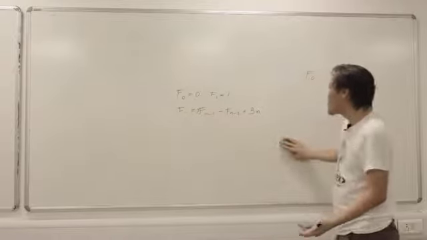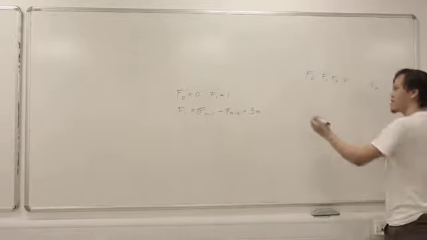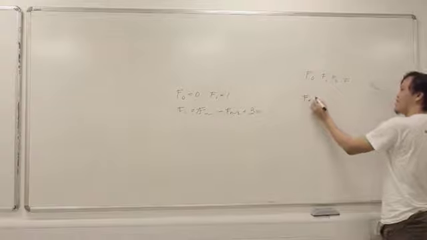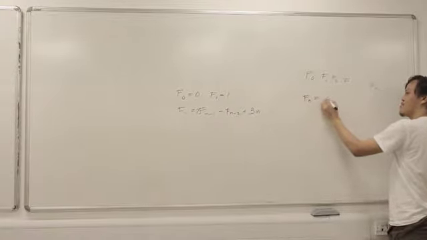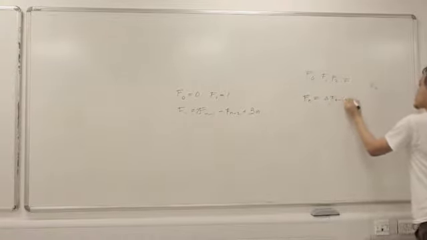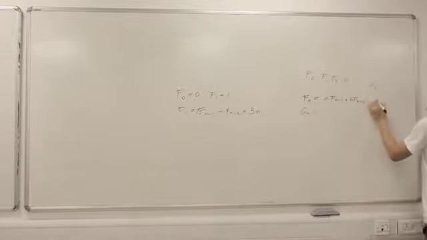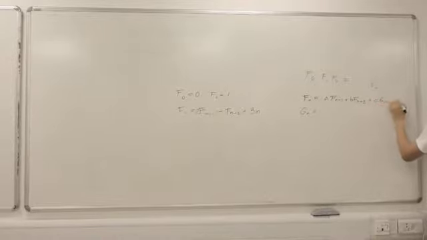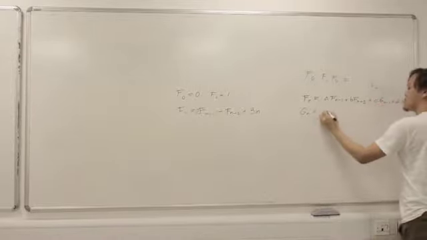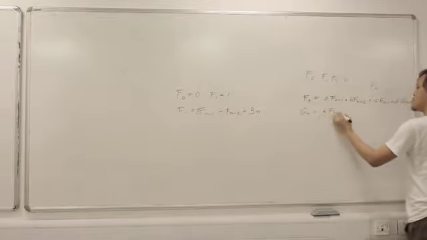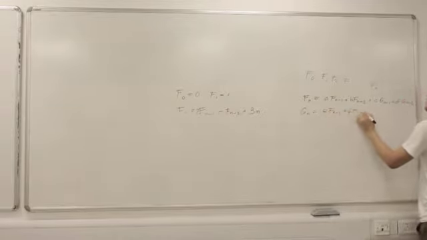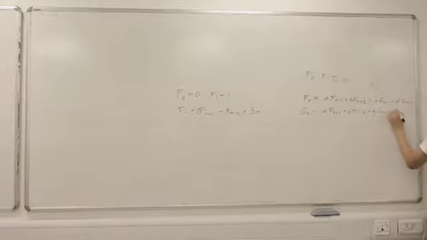The more general form of this is, let's say we have two recurrences. f and g are defined in terms of each other.